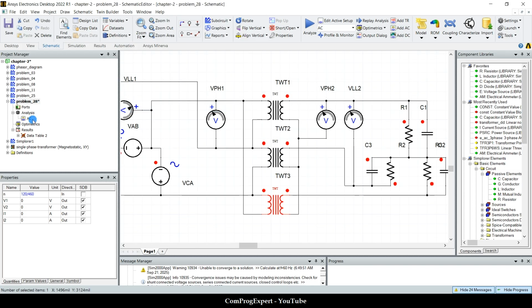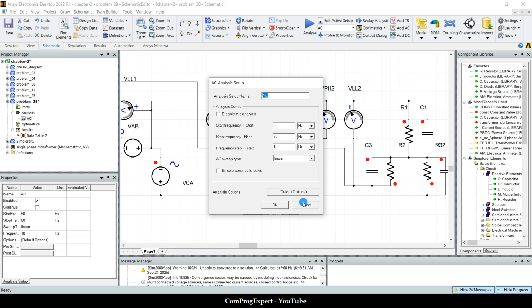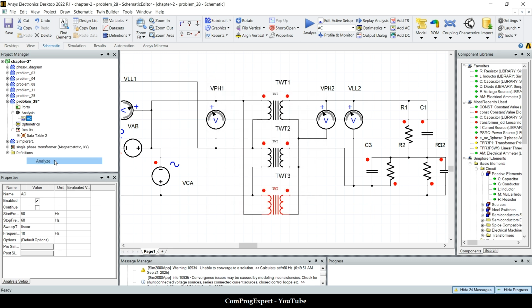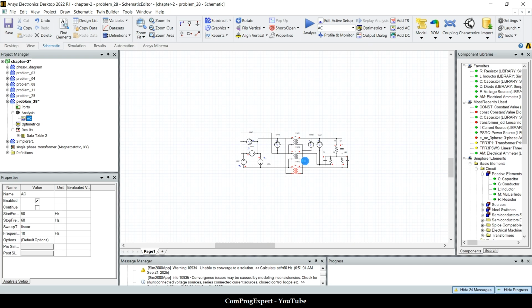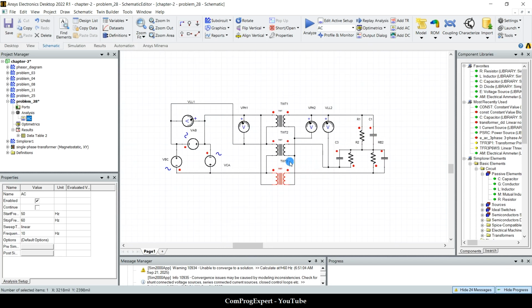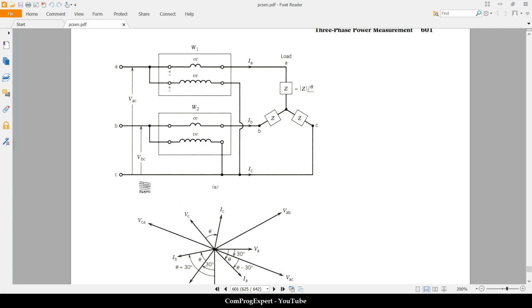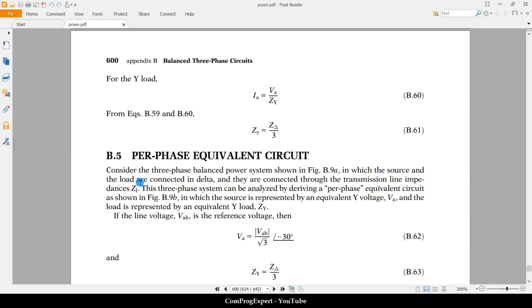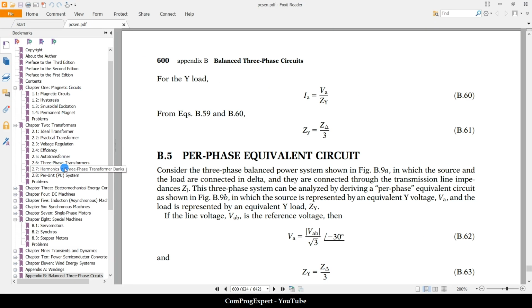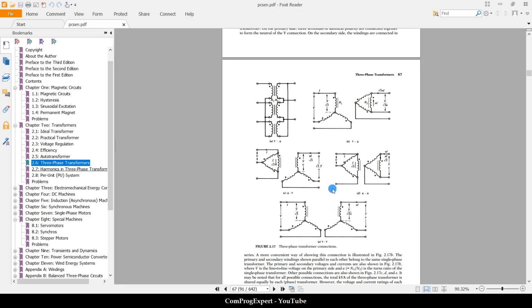So let's run again and check the numbers. With this software, you can do this kind of simulation and validate your numbers, or maybe try other combinations that we have for three-phase transformers.